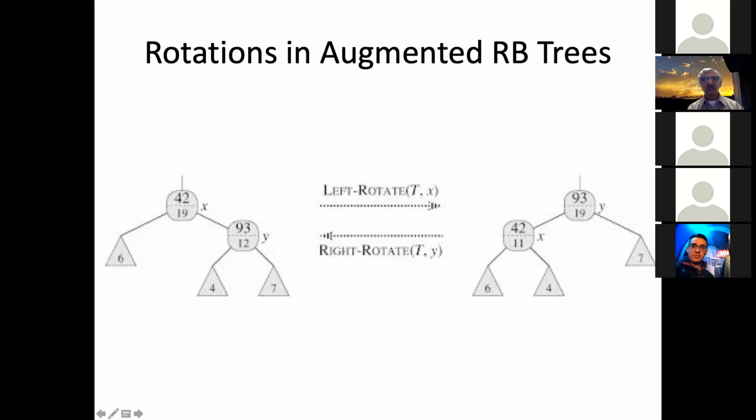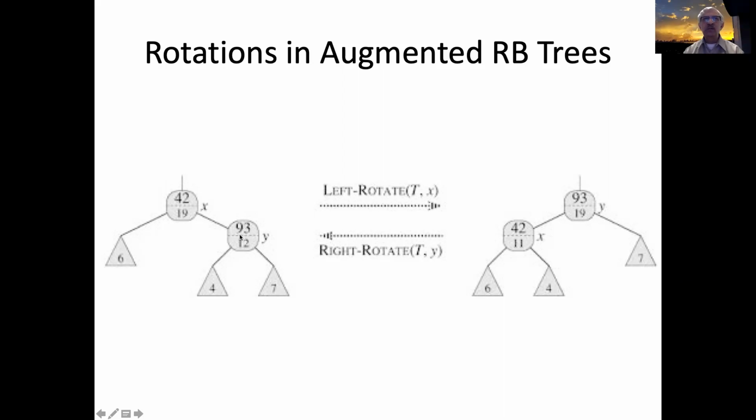This 6 remains in the same place. This 7 remains in the same place, but 4, instead of hanging off of this node with 93, now hangs off of 42. What's important to understand here is that the size information can be quickly changed, and it can be done efficiently, and you can see how this happens.